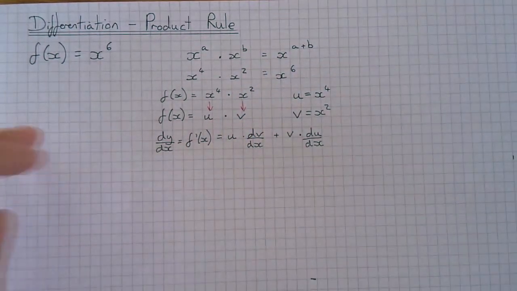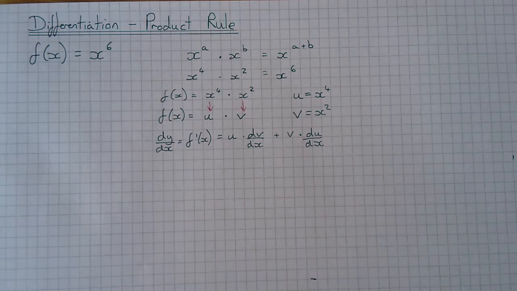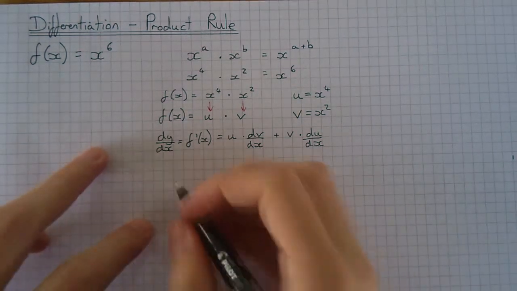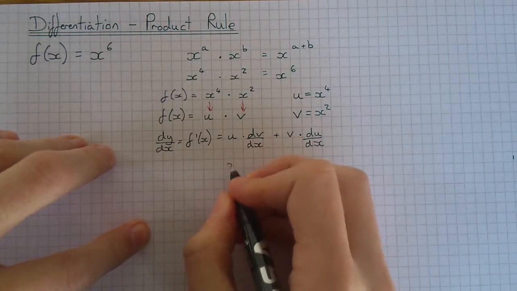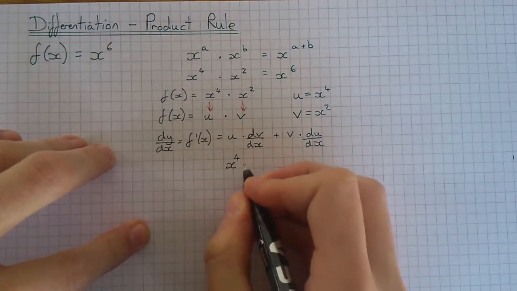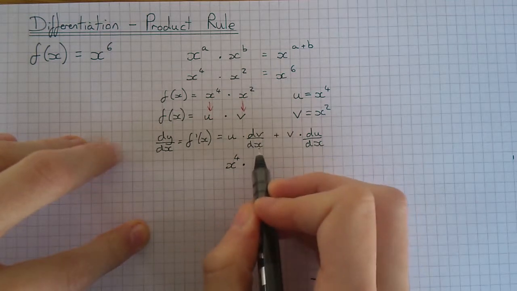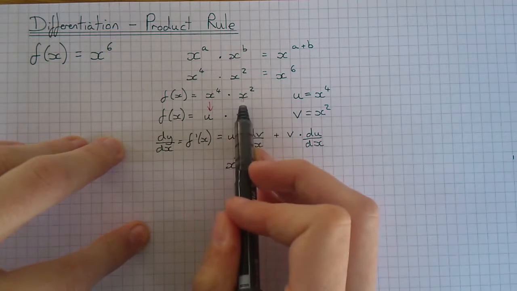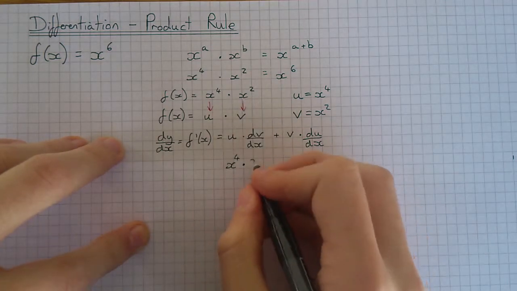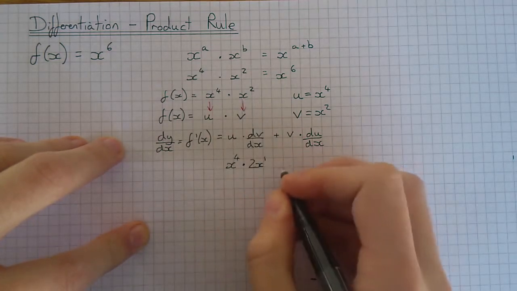It doesn't matter which way round the u and the v go. Now let's put some values into our general form. U is x to the 4, and dv by dx is v differentiated with respect to x. V is x squared, so this will become 2x to the power 1.